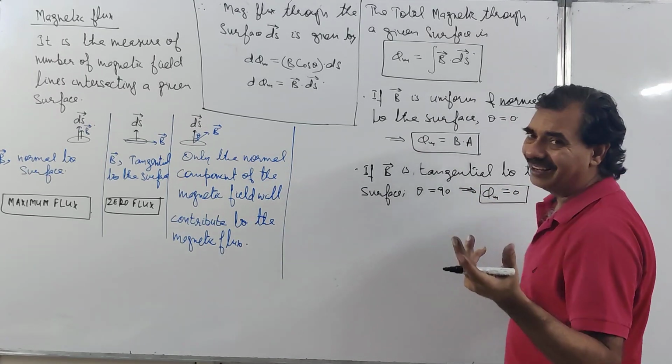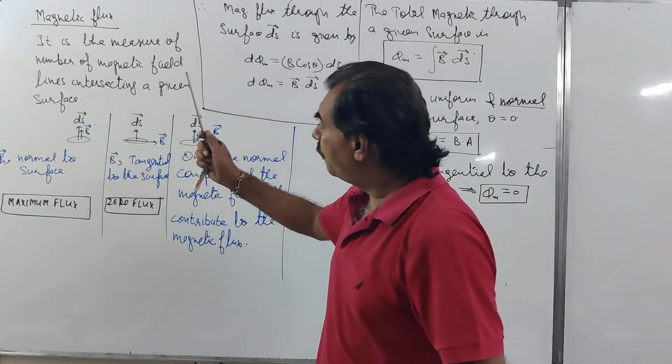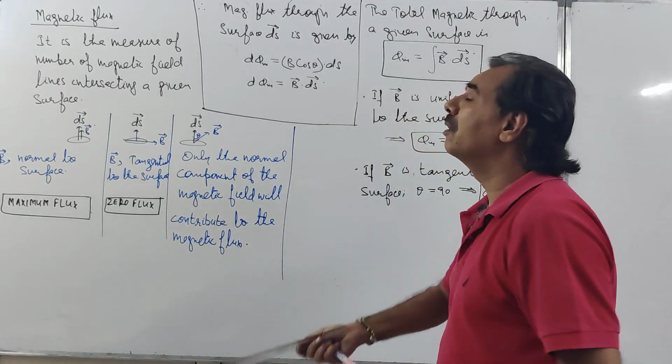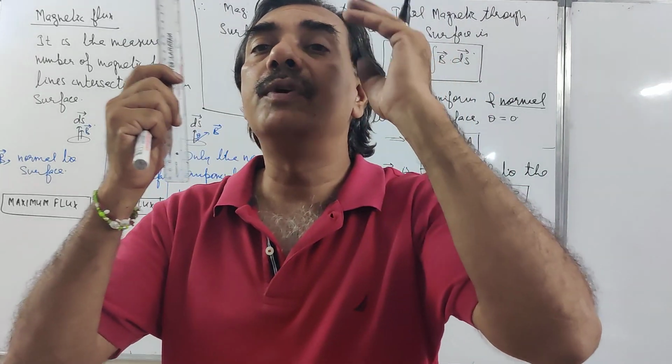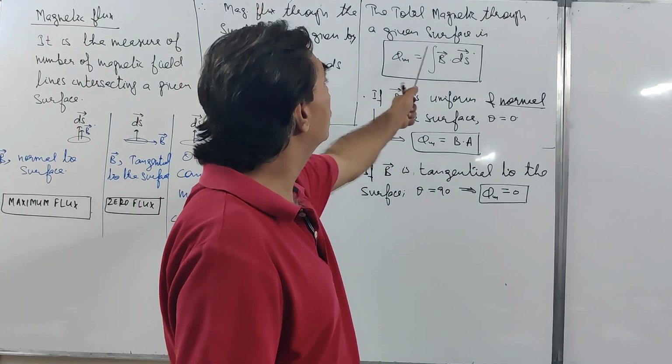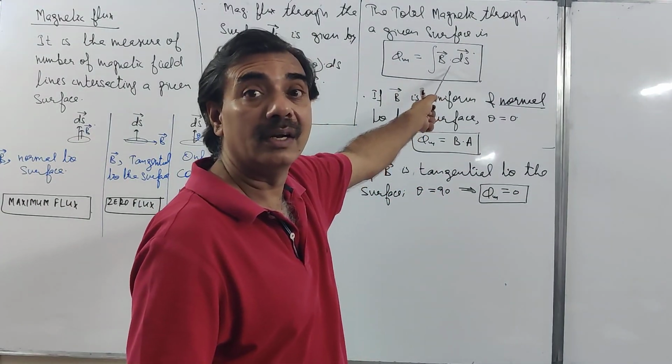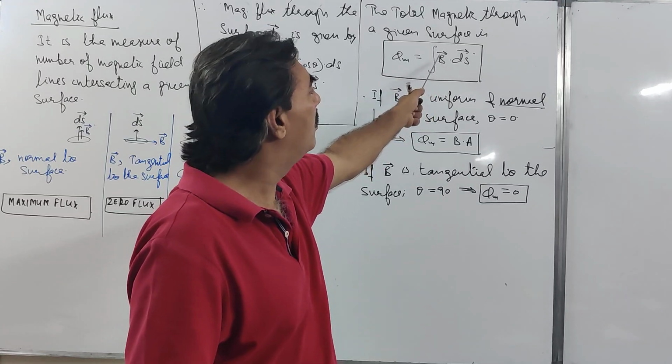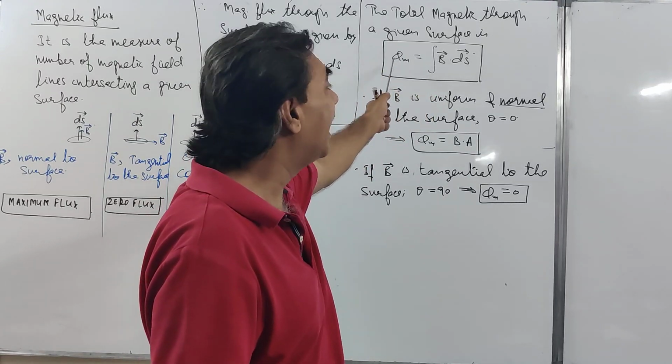And if it is at an angle, then we have the physical and the mathematics of magnetic flux. Please visualize. This is called the surface integral of the magnetic field. The surface integral of the magnetic field denotes magnetic flux.